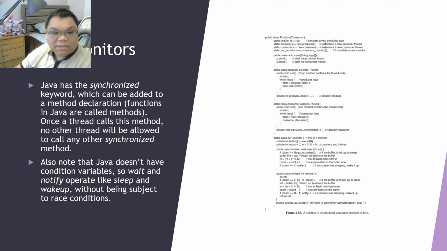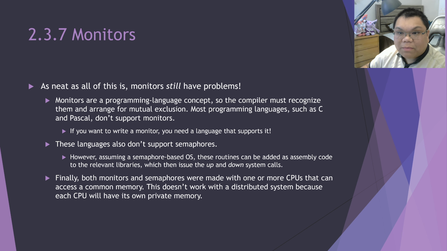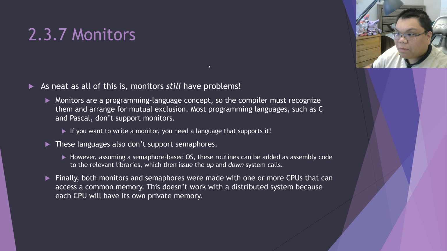Also note that Java doesn't have condition variables, so wait and notify operate like sleep and wake up without the danger of race conditions. So the problem with monitors, and they still have problems too: monitors are a programming language concept, so the compiler must recognize them and arrange for mutual exclusion.